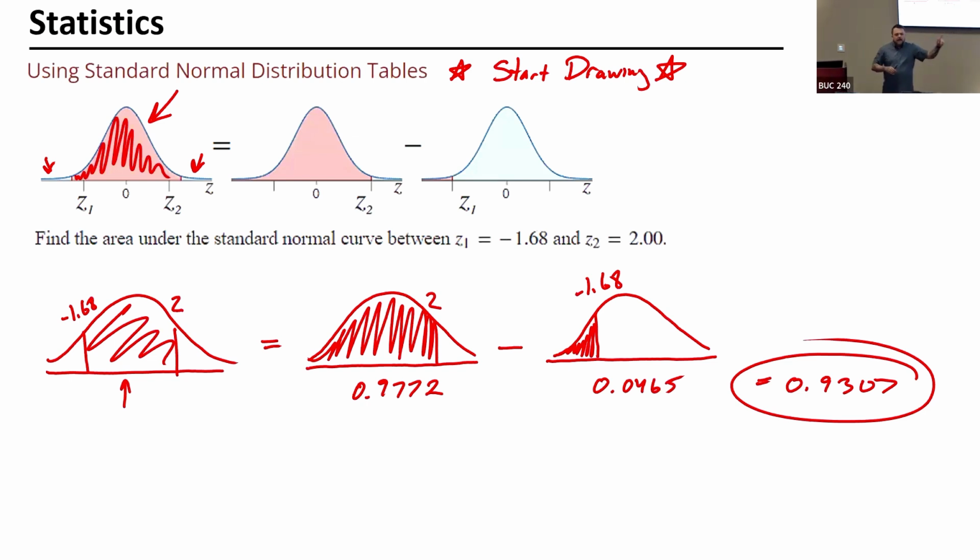I'll show you that shortly. And I can say, hey, 93.07% of my students fit between here and here. Now, being that that's an exact percent, I could have some other student go, hey, what's the probability that my grade falls between here and here? I go, oh, about 93.07%. That's what that's saying right there.